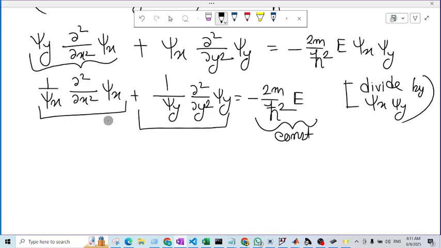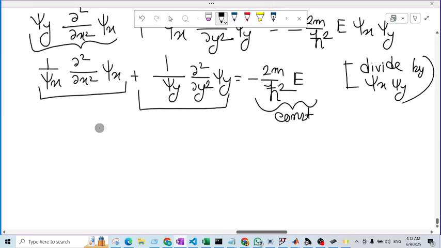If you observe carefully, the first term has only x, a function of x. The second term has only y, a function of y, right? That means this term is independent of that term, and that term is also independent of this term.